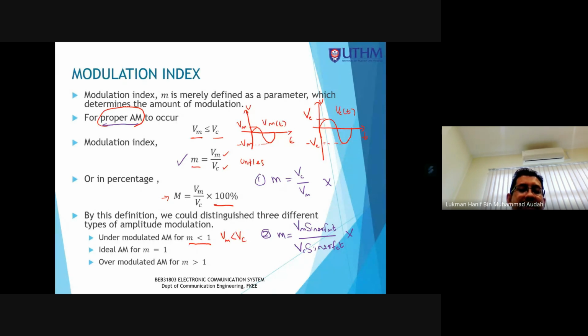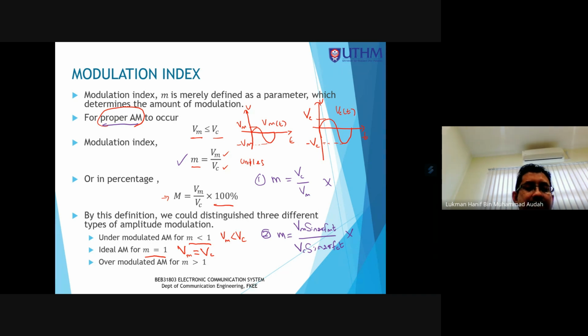That's why you get less than 1. Another case is m equal to 1, the ideal case. This means that VM, the peak amplitude of the modulating signal, is equal to the peak amplitude of the carrier.